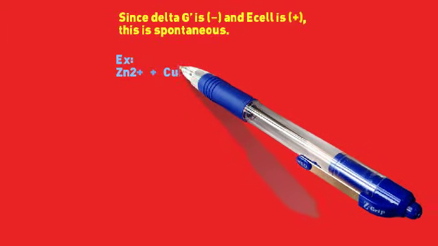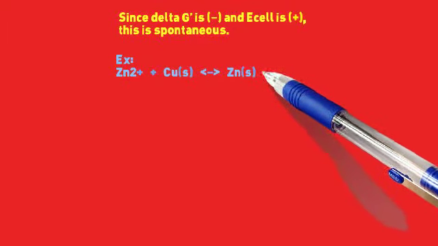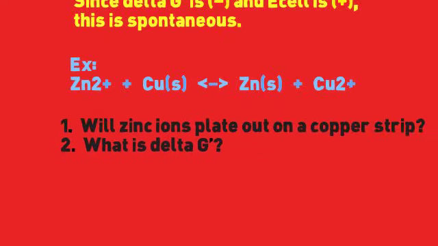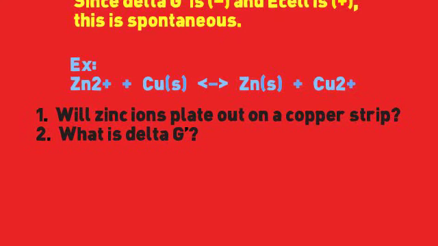All right, here's an example. Cu2+ plus Zn solid yields zinc2+ plus Cu solid. And I have 2 questions for you. Question 1. Will zinc ions plate out on a copper strip? In other words, will the zinc solid appear?